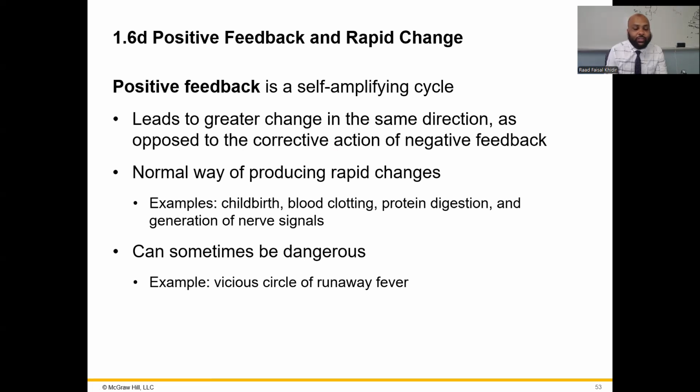Another example is blood clotting. Whenever there is blood leakage, platelets aggregate, and the more platelets aggregate, they invite even more platelets to aggregate, like a Band-Aid to stop the bleeding, making a platelet plug, like a thrombus. And they generate nerve signals.